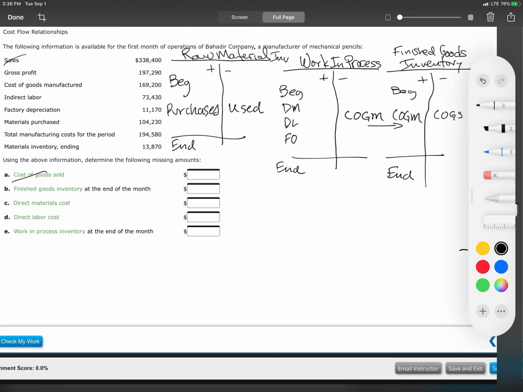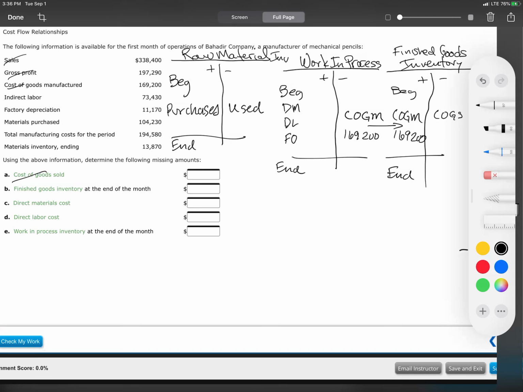Let's see. Skip that one and that one because that pertains to question A. Cost of goods manufactured. Where does that go? It goes right here. 169,200. Indirect labor, where does that go?